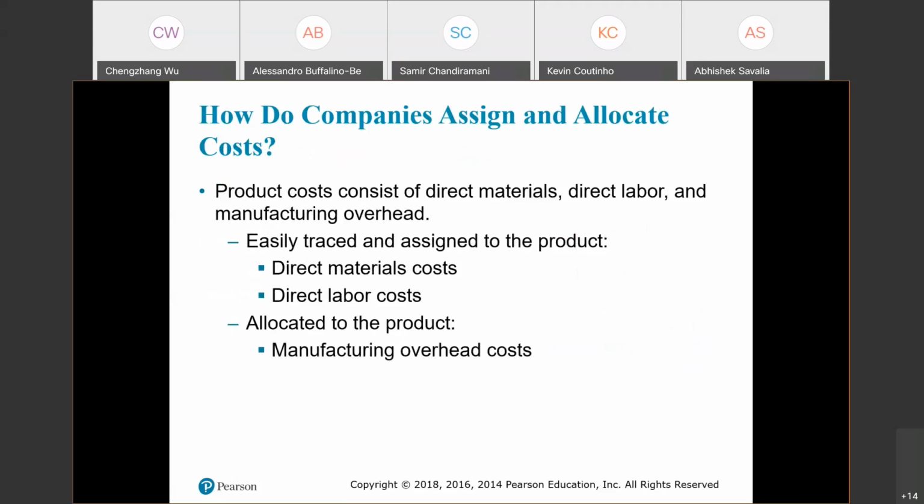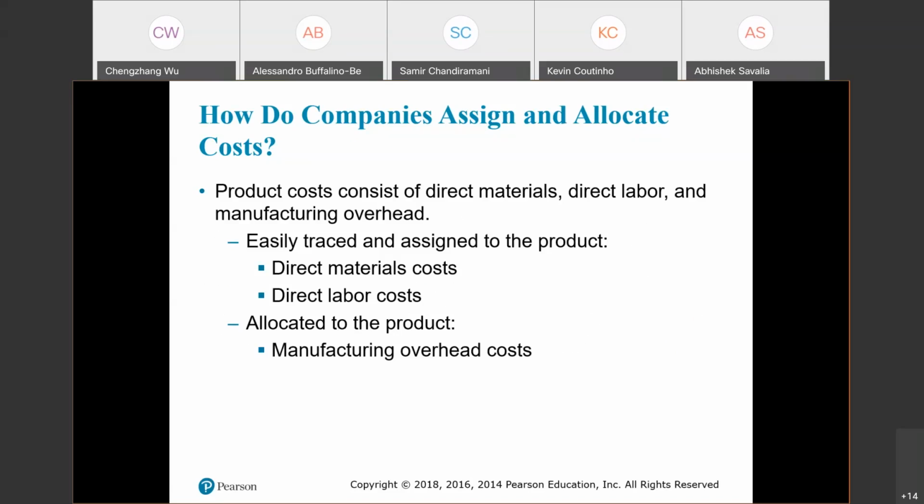Well, as you have learned, there are 3 parts of the cost of the product. Well, if you can recall, what are they? I said it over and over many times in the class.